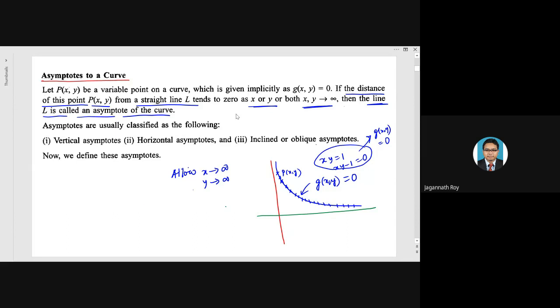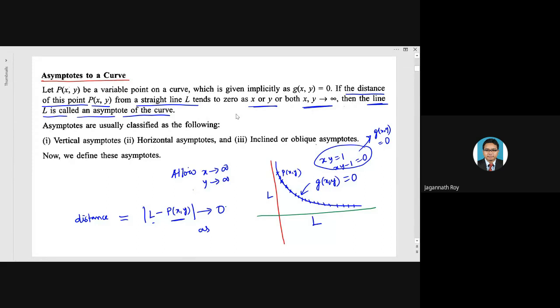That means if this is the line, the distance between the line and the point P(x, y) is tending to 0 as x or y tends to infinity.